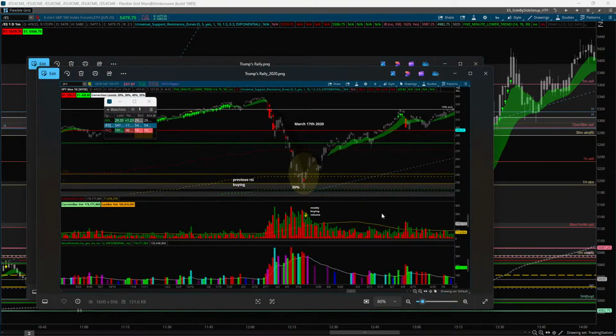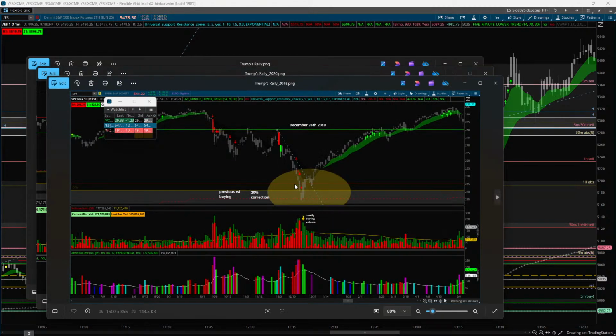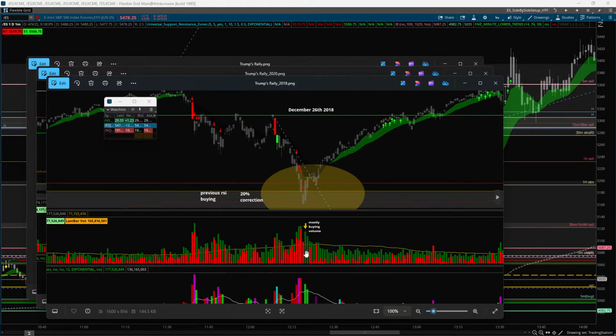This is 2020 when we had the same thing, a lot of buying, and then price moved up 1 2 3 4 5 6, pulled back 7, and then moved back up. And this is 2018 where we had the same thing, strong buying, no volume at all for the sell side.